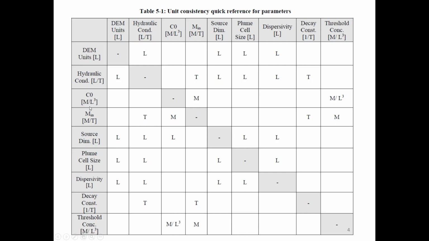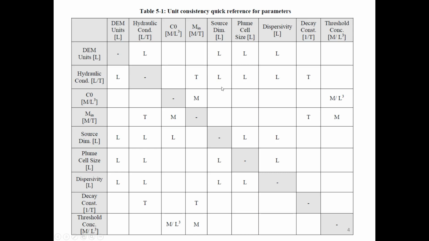For the unit of mass, M involves essentially three variables: the initial concentration C0, the input mass, and the threshold concentration. So you can look at the table and know how to use it. It's very easy to use. If you want to know the unit of one variable, you find it from the row, and if you want to know what variables have the same unit as this variable, you look at those columns.